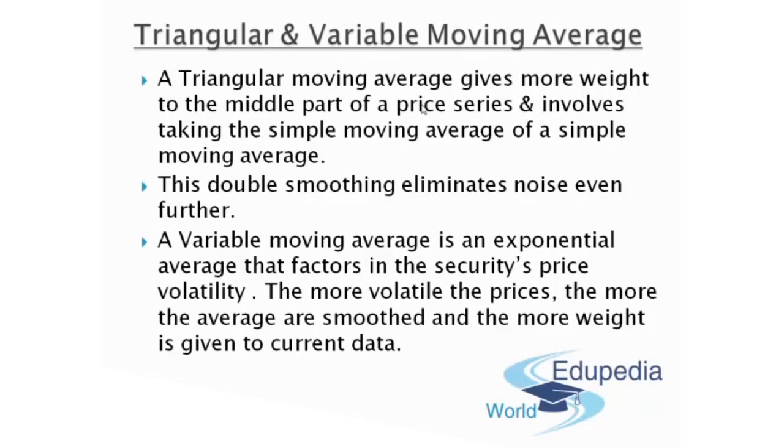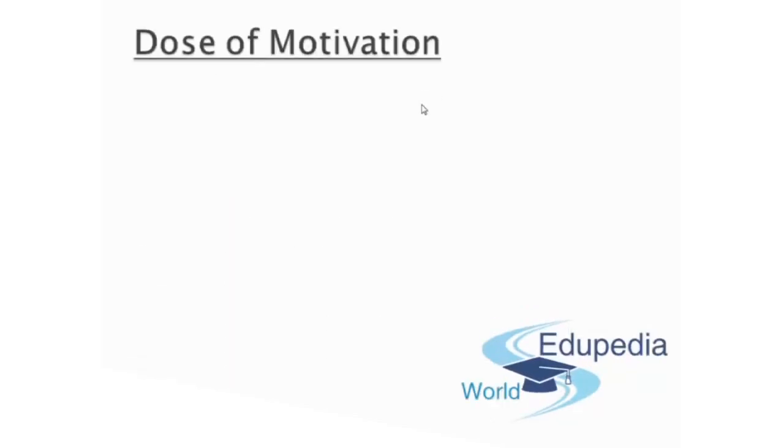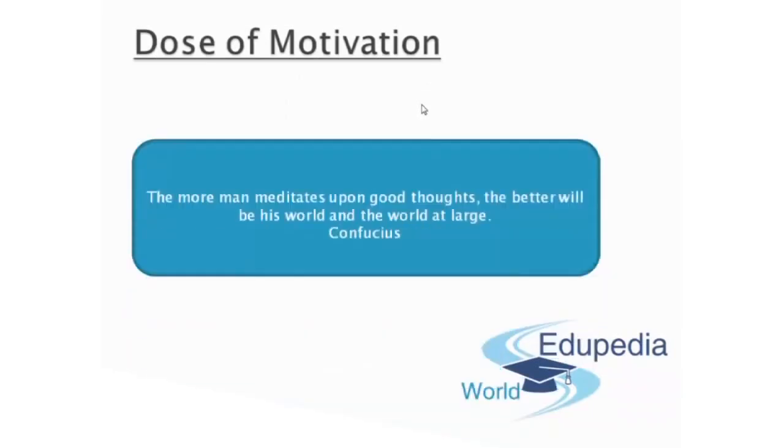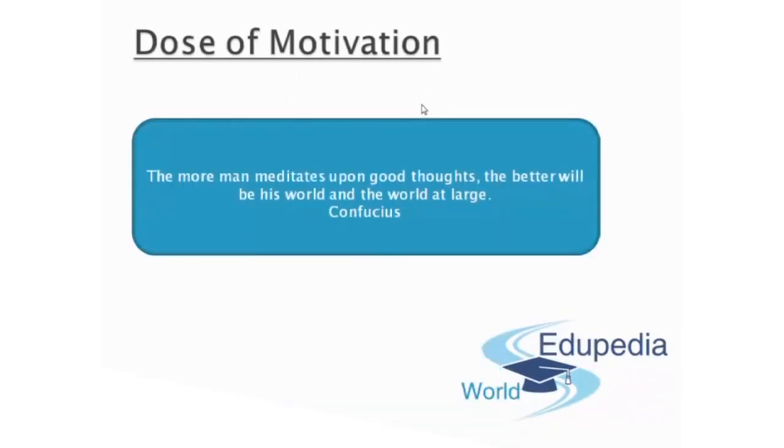With this, I'll be concluding my video with a dose of motivation, and that will be: the more the man meditates upon good thoughts, the better will be his world and the world at large. This quote was mentioned by Confucius. So obviously, guys, you'll have to think good in order to achieve something good in life. You can't achieve something good in life only by thinking something bad about other people, right?